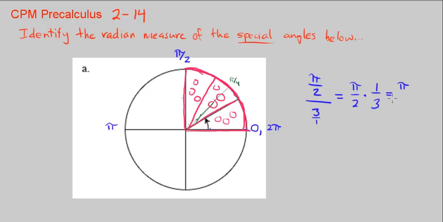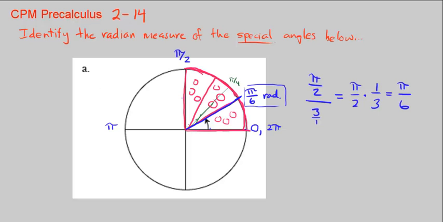Pi is in the numerator, 6 is in the denominator. So at this point, right here, we're at pi over 6 radians. And we can abbreviate radians with RAD. And that's the answer for part A.